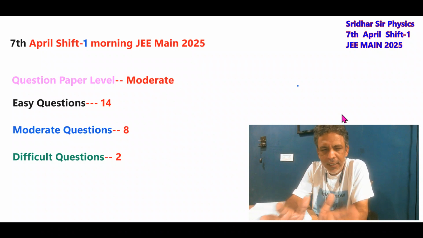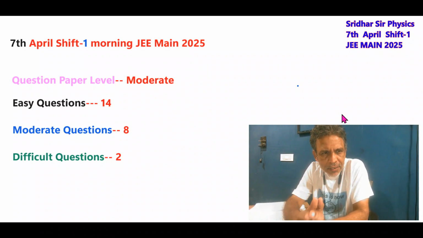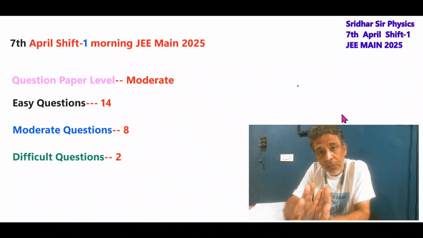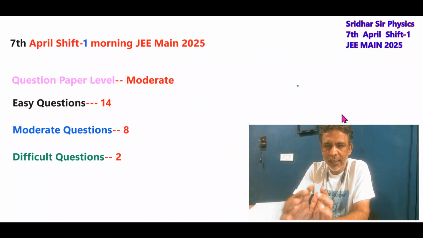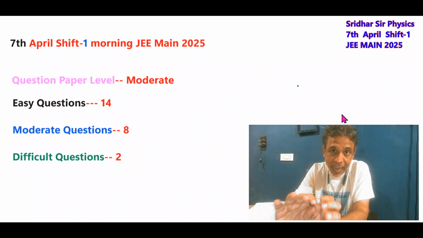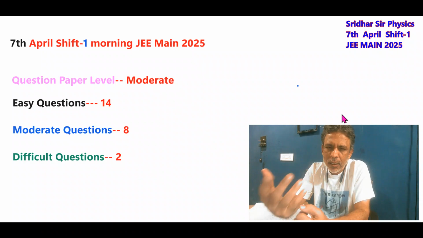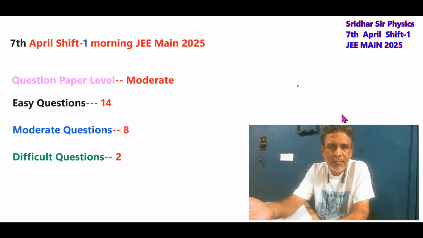Okay kids, we had the complete paper discussion of the 7th April Shift 1 morning JEE Main 2025. Almost 23 questions I gathered and discussed, in detail with clear, colorful diagrams. Those who are writing tomorrow, April 8th, these questions will not come.